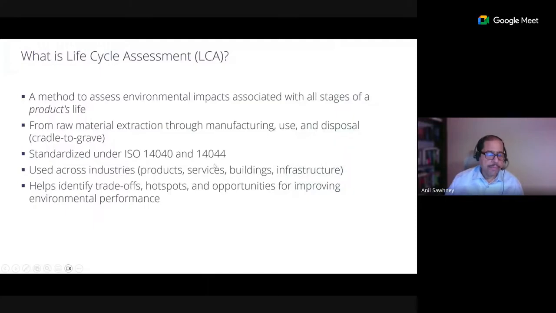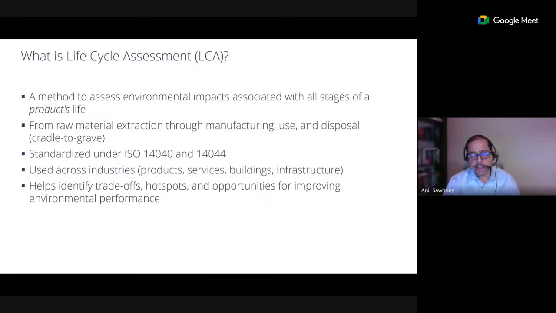Before I go any further, I want to talk about whole life or life cycle assessment. What is LCA? Because that is the core. LCA is a technique that is used in various sectors, not just construction. It is a method used to assess environmental impacts associated with all stages of a product's life. Originally, this is designed for products.